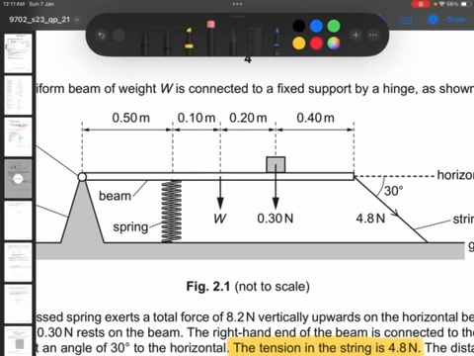Since we're told that this is in equilibrium, how many forces are acting on this beam horizontally besides this obvious force from the hinge? What are the other forces acting on the beam horizontally?